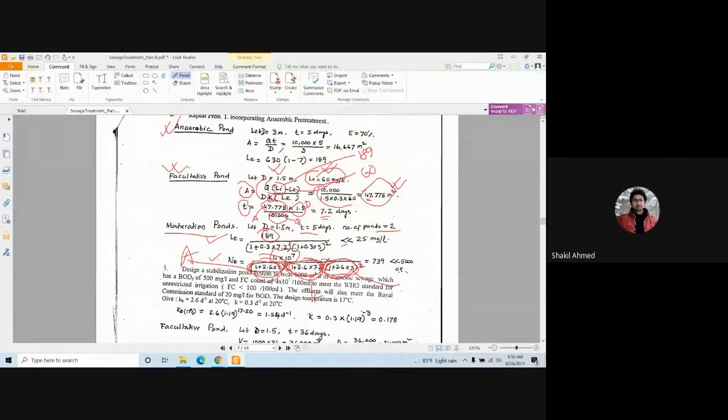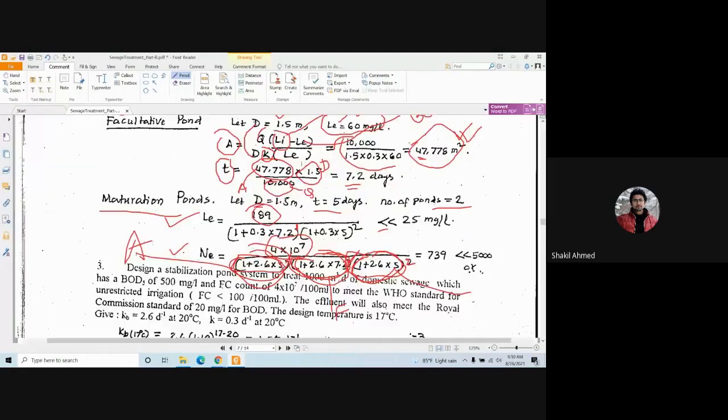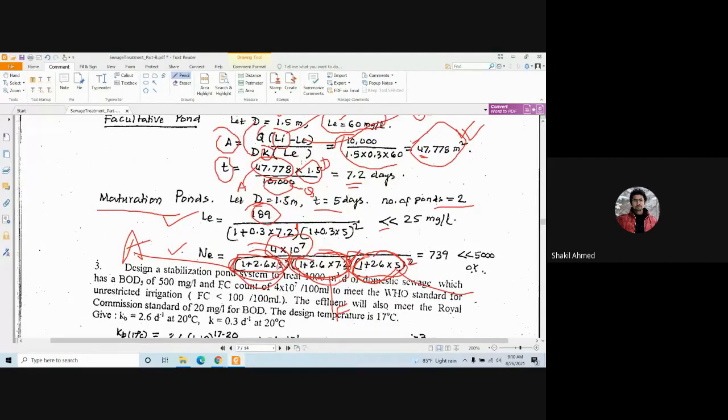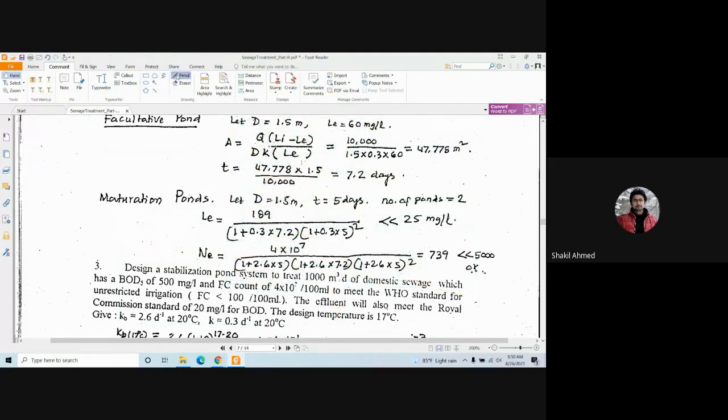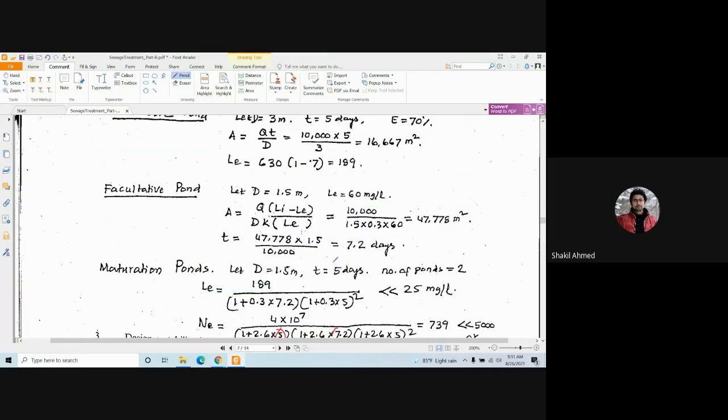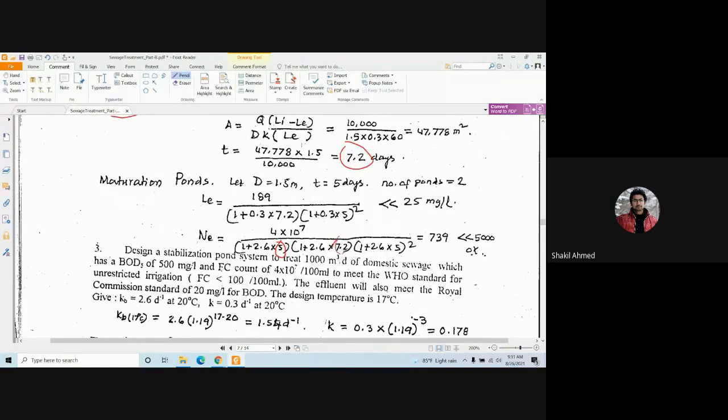What is the retention time in the anaerobic pond? 5 days. So you have written 5 here. What is the retention time in the facultative pond? 7.2 days. So you have written 7.2 days here.